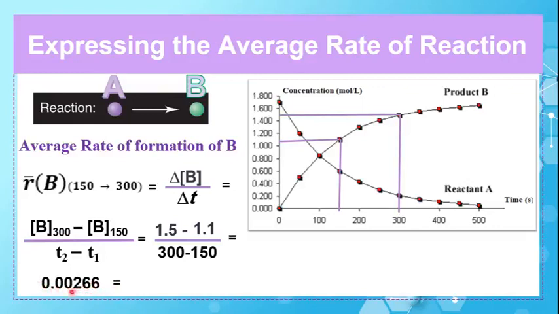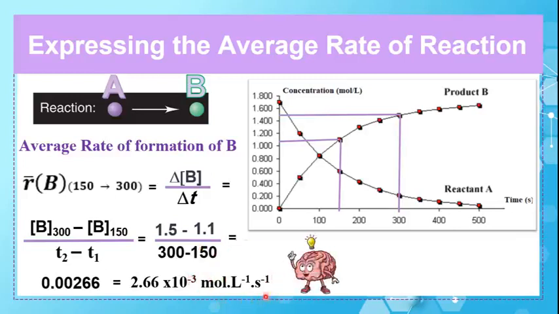Try to write the number in scientific notation as 2.66 times 10 to the power minus 3, and the unit will be the unit of the concentration over the unit of time. So mol liter minus 1 second minus 1. So please, each time you determine the rate, don't forget to mention the unit.